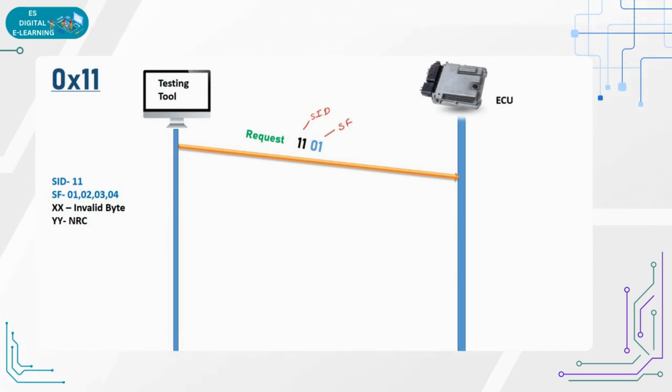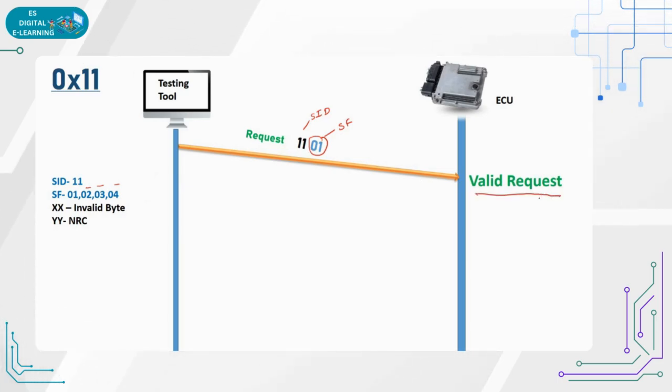I will tell you 01. You need to write down 02, 03 and 04. This will be the assignment for you. So the request will be 1101, a valid request.